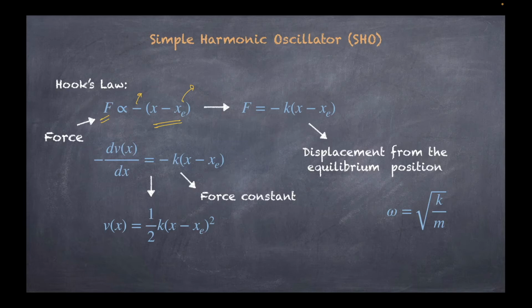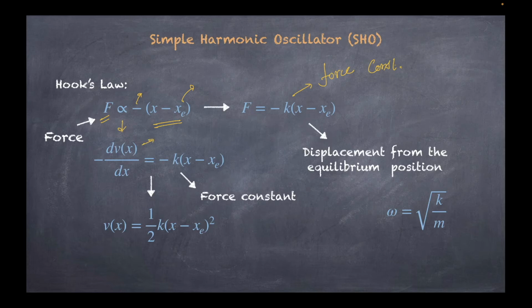So F will be equal to just minus k times x minus xc, where k is the force constant. So from this equation we know that for conservative system force is minus dV(x) by dx, where V is the potential energy function.